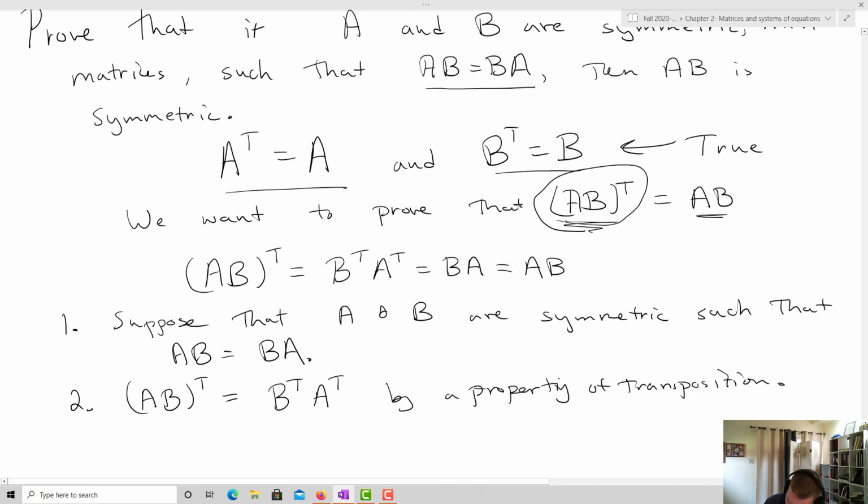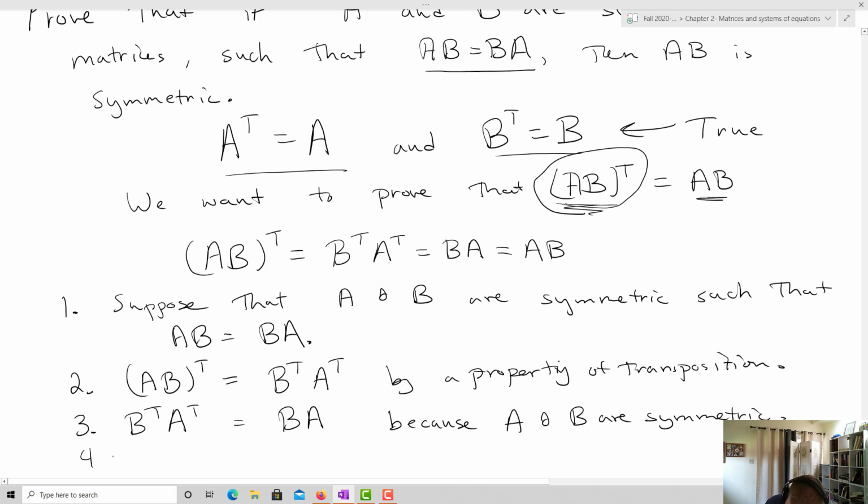Then we have, 3, that B transpose A transpose is going to equal BA, by our given, because A and B are symmetric. And then, by our given as well, BA equals AB, by assumption.